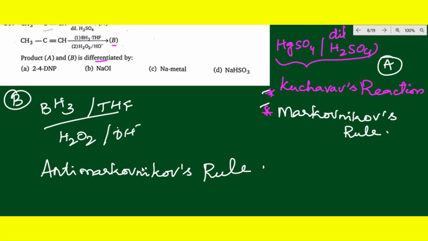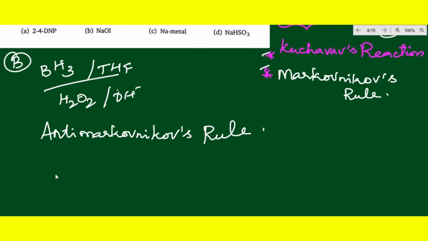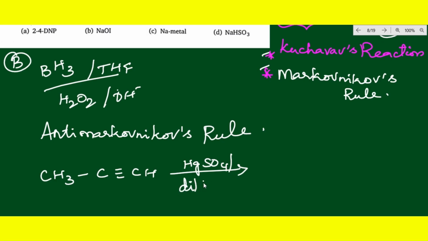Now, what is the product? Let us check product A. This is CH3, C triple bond CH combined with HgSO4 and dilute H2SO4. What product will you get? You will get CH3, C with OH, double bond CH2. Why? Because I just mentioned this is Markovnikov's rule.